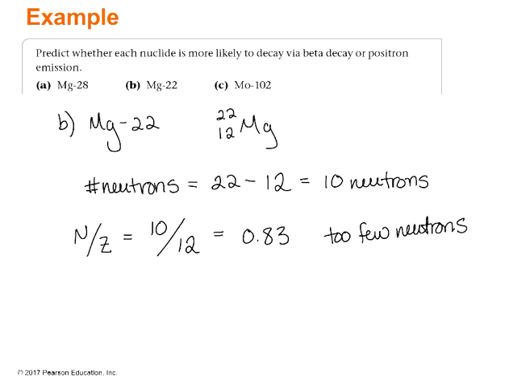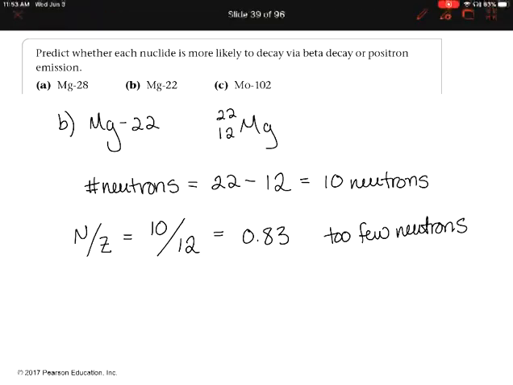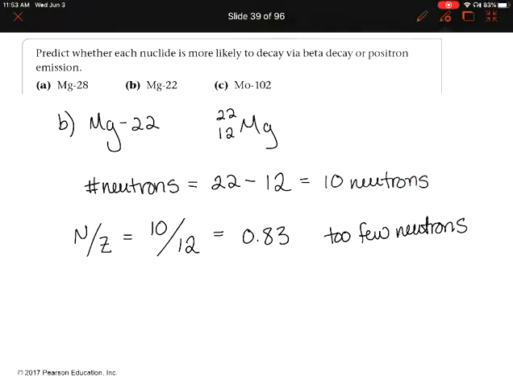Okay, and remember, we want the ratio to be about 1 for atomic numbers between 1 and 20. So again, we have too few neutrons. Also, we could compare the mass number to the average atomic mass again. 22 is our mass number for this isotope, and let's compare that to the average atomic mass of a bunch of magnesium atoms.